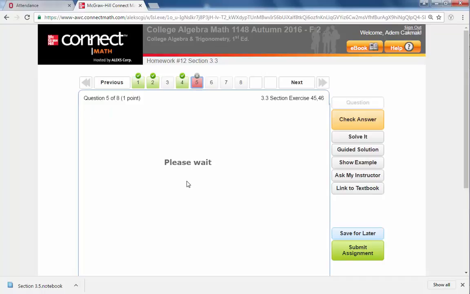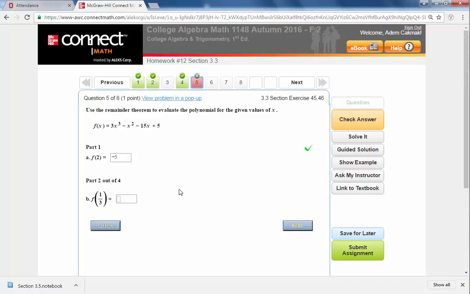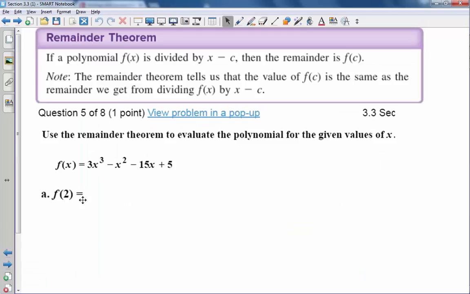All right, number 5. Why don't we do part 2 together? Because it looks like a weird one, right? f of 1 over 3. We did part A. Why don't we go over part B?